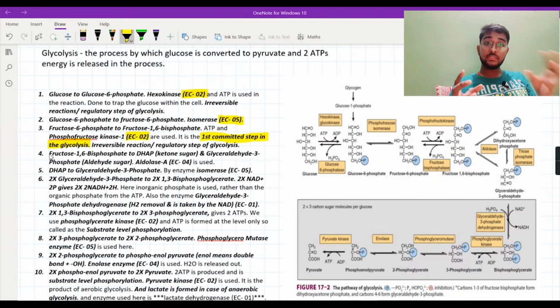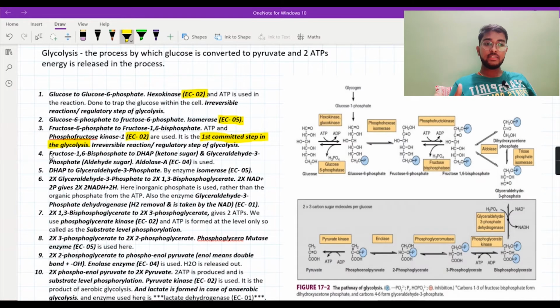So fructose 1,6-bisphosphate, which is a 6-carbon compound consisting of 2 phosphate groups, is broken down and two 3-carbon compounds are formed, and 1 phosphate is attached to each of these carbon chains. Here the enzyme used is aldolase A. We should also note that aldolase B is another enzyme which is used in other reactions.